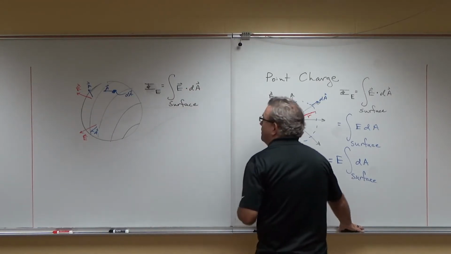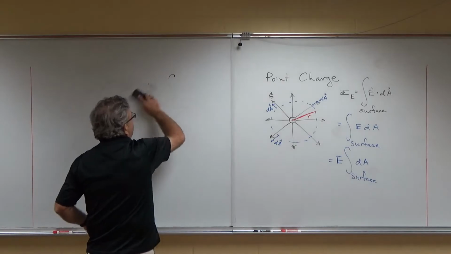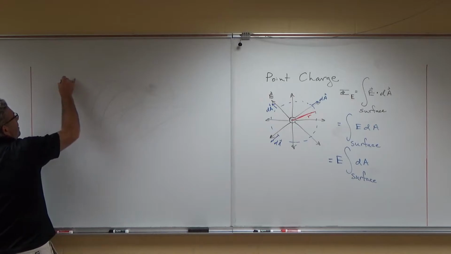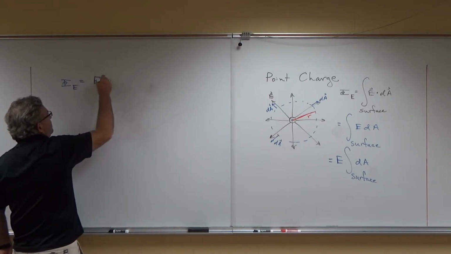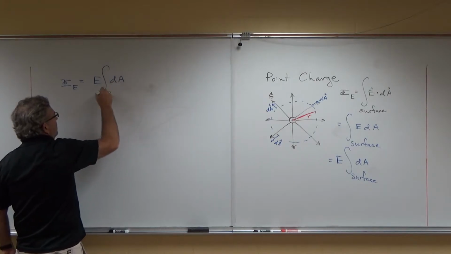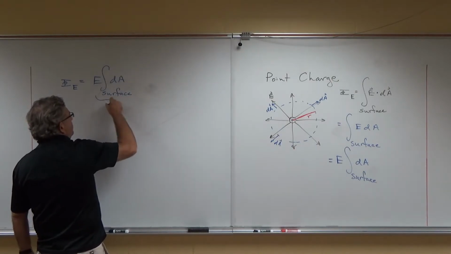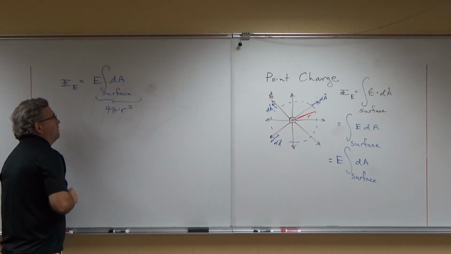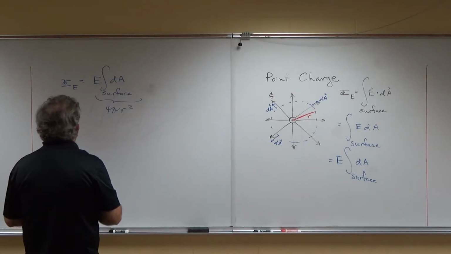So phi of E is E times the integral of dA over the surface, which is equal to 4 pi r squared, the surface area of a sphere.